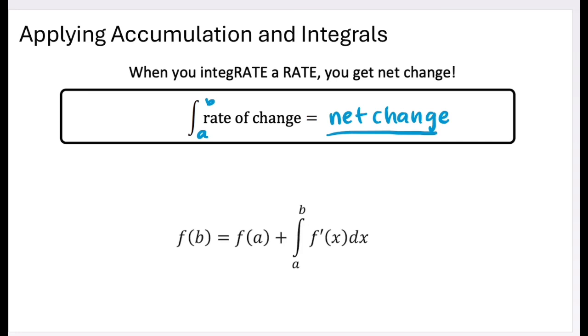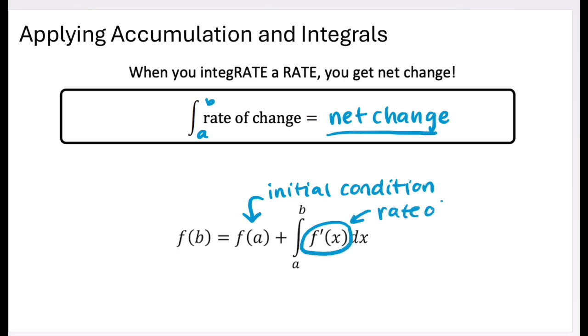And then I'm going to point out this formula down here. This right here will be our initial condition. We're going to have some initial conditions in some of these problems, so it might give us a starting point. And then this function right here is a rate of change function. And then this whole thing right here is going to be the net change.